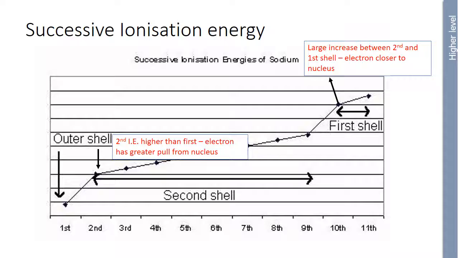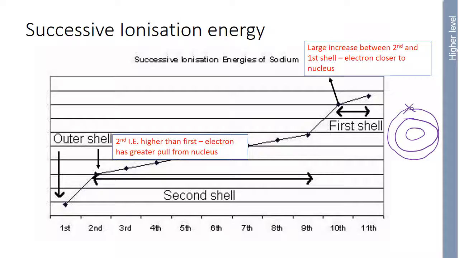So just to illustrate this point, let's look at the successive ionization energies for the atom of sodium. To help with that, let's draw the 3 energy levels of sodium.